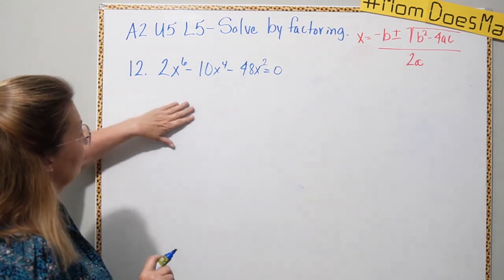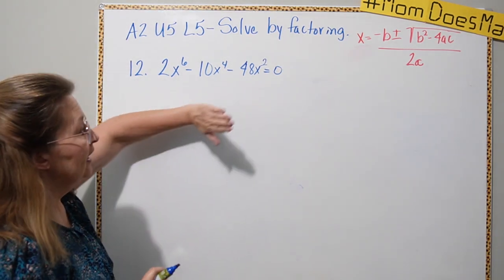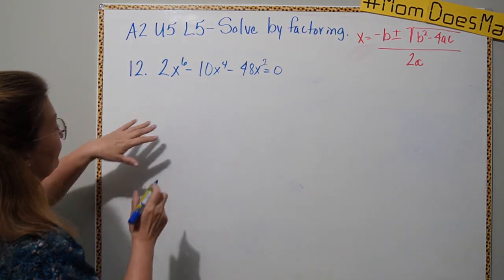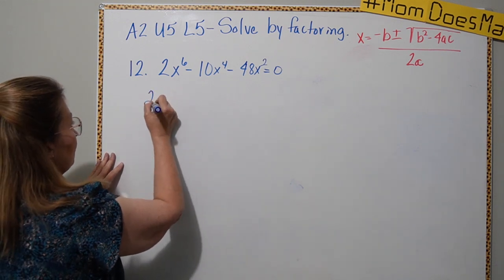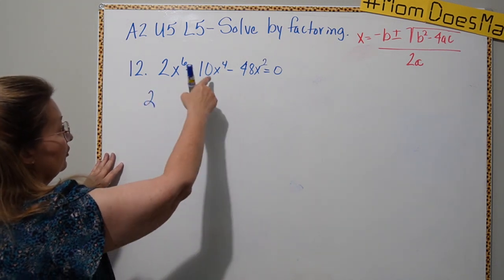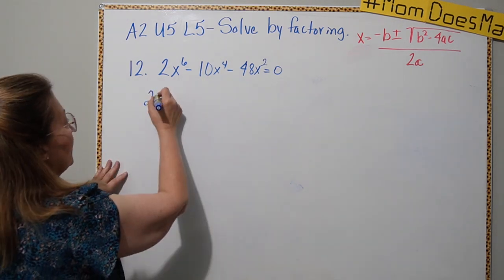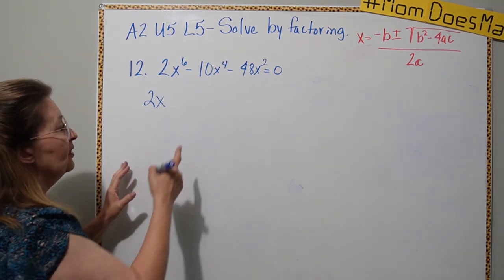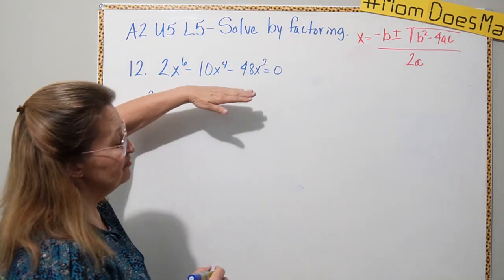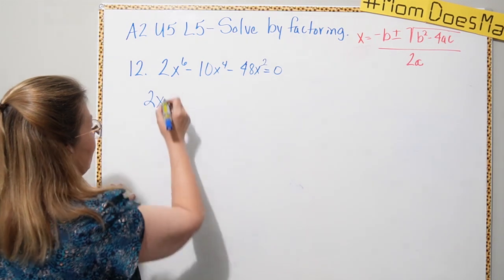Okay, on number 12, we look at our polynomial, and we see that we do have a greatest common factor. I see 2 will go into all the numbers, and then all the terms have an x, and I want to take the smallest exponent of x that is in my problem, and that's going to be x to the 2nd.